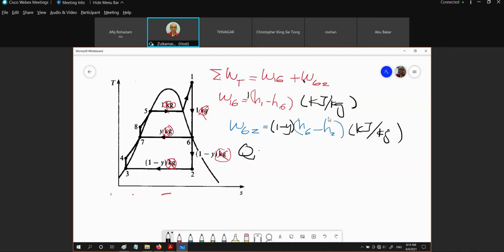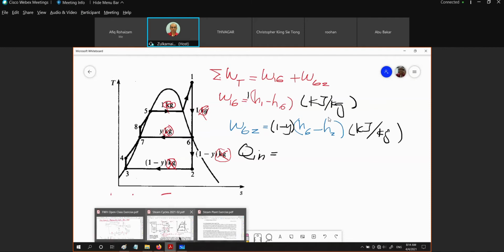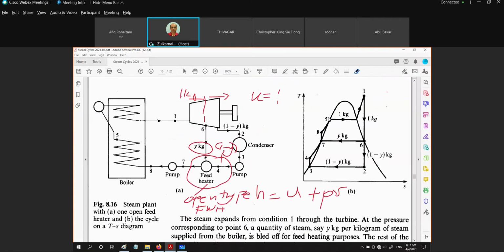Okay, Q in. The Q in right here, if we look at the schematic diagram, is from 8 to 1.